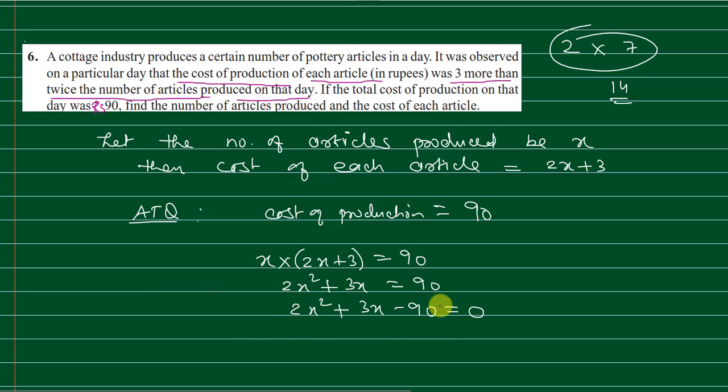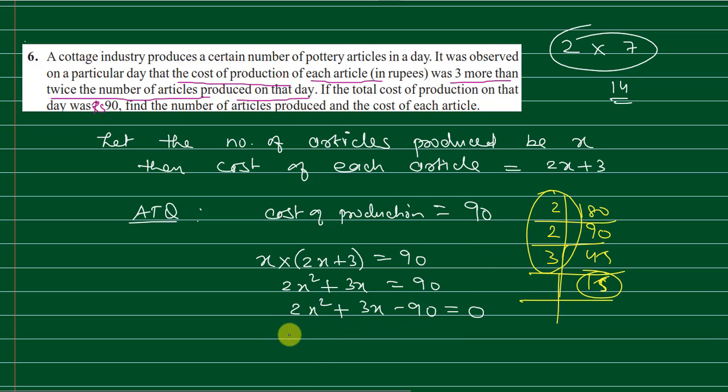So now we can split the middle term. We need the product minus 180. If you factorize 180, we'll see, okay, we'll get it like 15 multiplied by 12. 15 into 12 definitely will give 180, and with 12 and 15 we can get 3 also. So we can split the middle term as 2x square plus 15x minus 12x minus 90 is equal to 0.